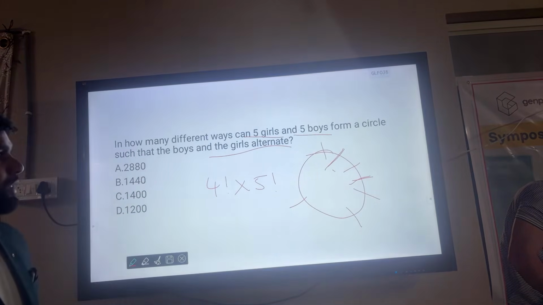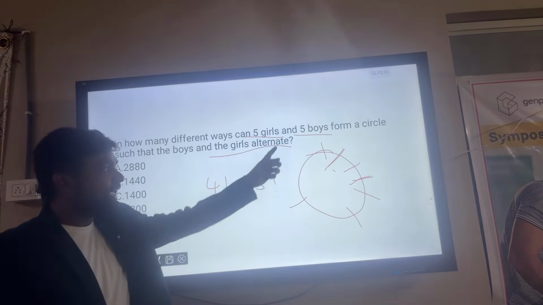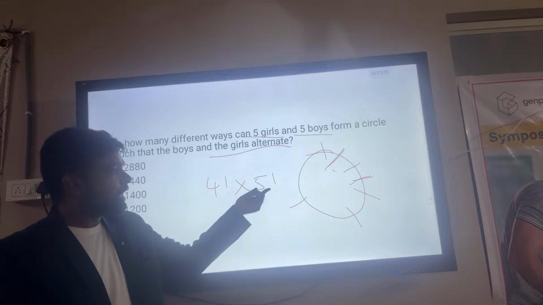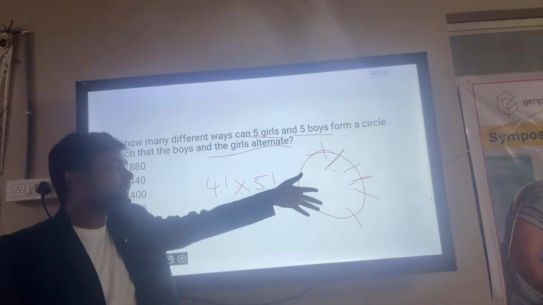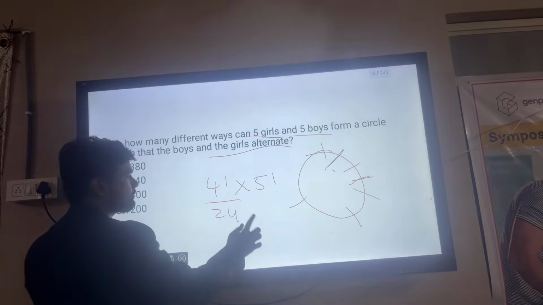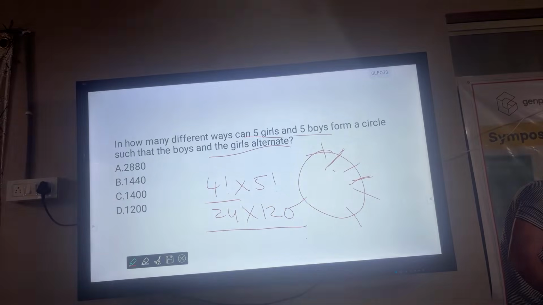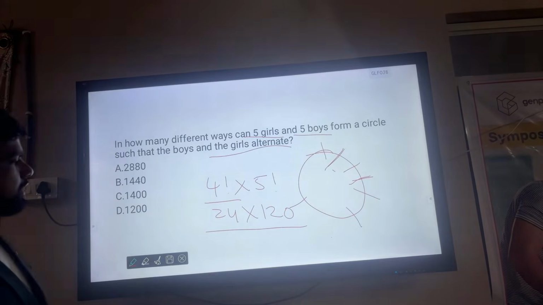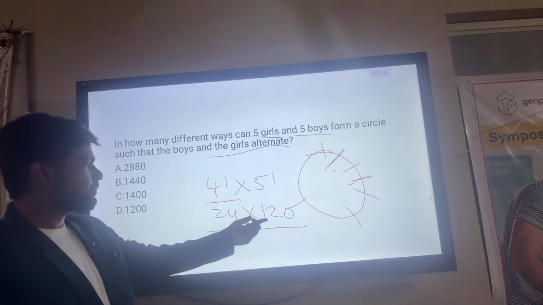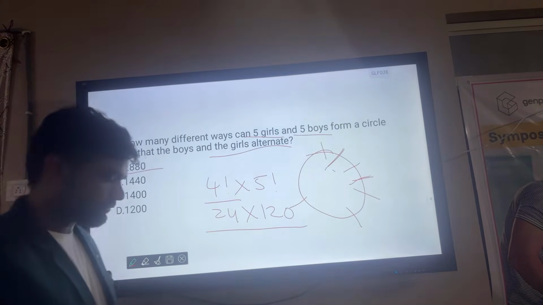First, it is a circular arrangement, so you do n minus 1, and in the remaining places you can seat the 5 boys in 5 factorial ways. 4 factorial is 24, 5 factorial is 120. 24 into 120: 240 plus 48, 288. Option A is the correct answer.